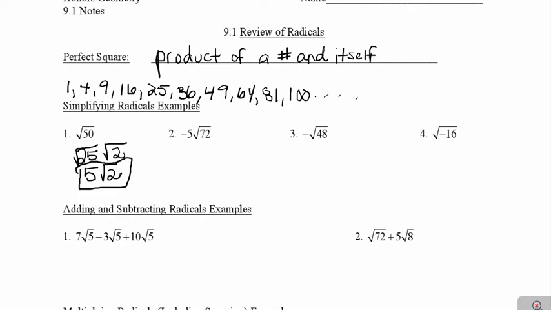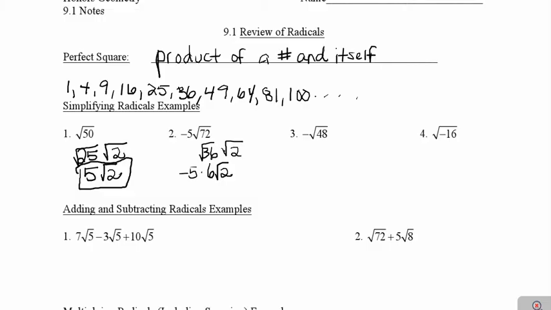Same idea with example 2, except that I have a negative 5 out front, so I'm just going to ignore that and simplify the square root of 72 the same way. The largest perfect square number that I can divide 72 by is 36, and 36 times 2 is 72. I put the square root over both. The square root of 36 is 6, and I keep that square root of 2 underneath.